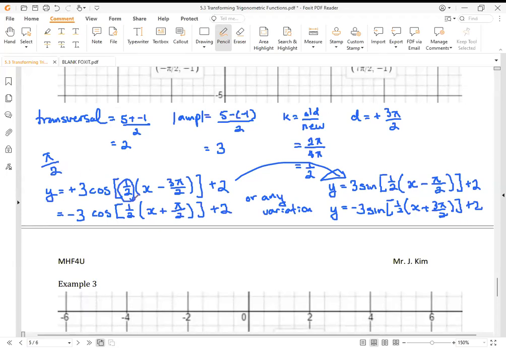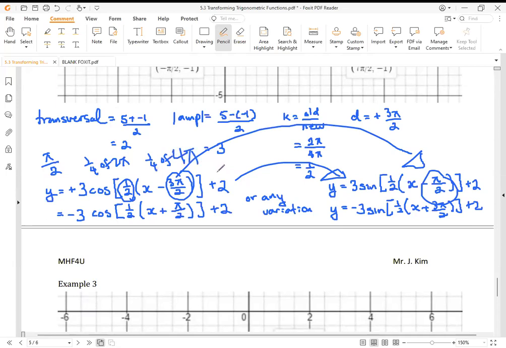Notice because of the stretch, a full period is no longer 2 pi, a full period is 4 pi. So if you're going to use the shortcut method and just deal with the shift, and add a quarter period, you have to make sure you know what a quarter of that period is. Is it a quarter of 2 pi? Is it a quarter of 4 pi? So on and so forth.